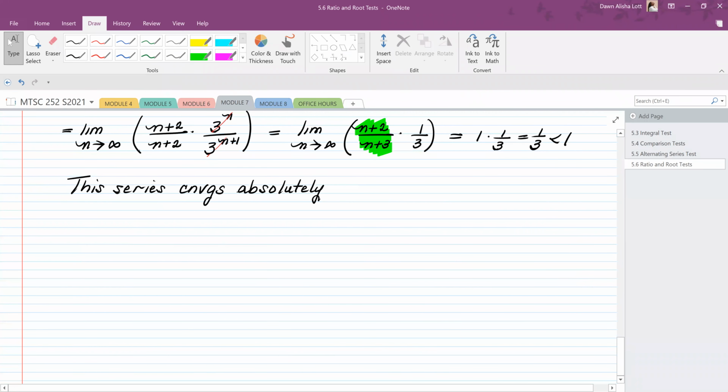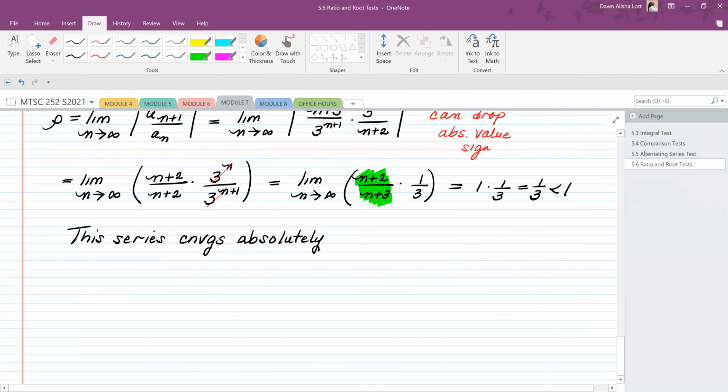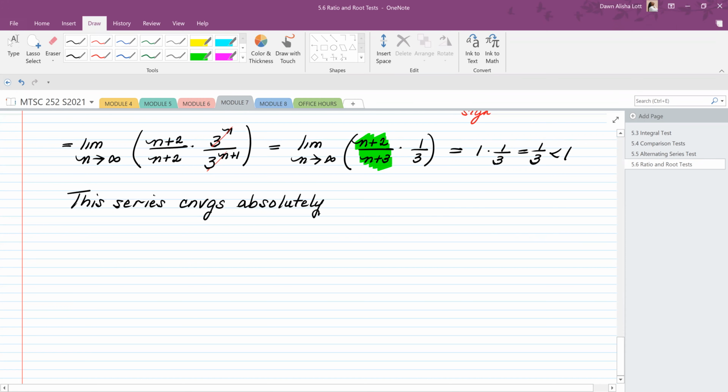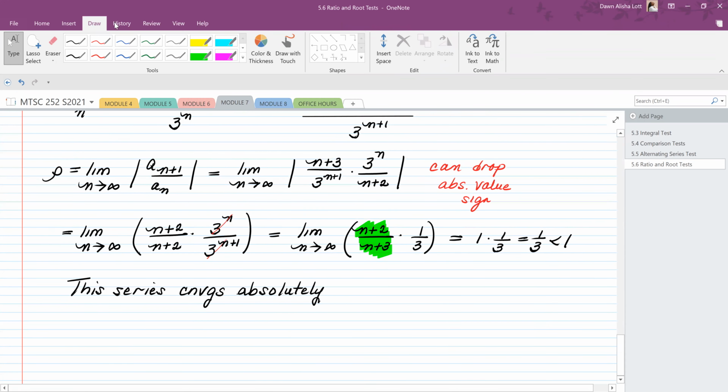I don't know what number that was. Was that 2? Okay. Number 3. That n+3 should be on top. Okay, so that's 2 mistakes. First off, this one should be an n+3.